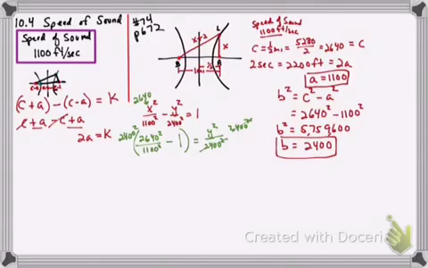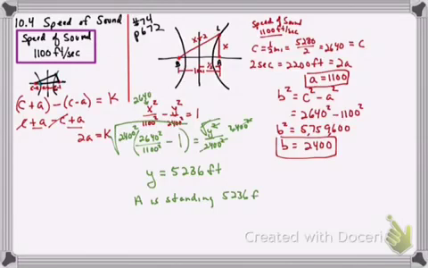And so if you just take the square root of all that, and take the square root of this, and they cancel, then put that into your calculator, and you'll end up with y equaling 5236. And that's in feet. So you can say A is standing 5236 feet from the lightning strike.